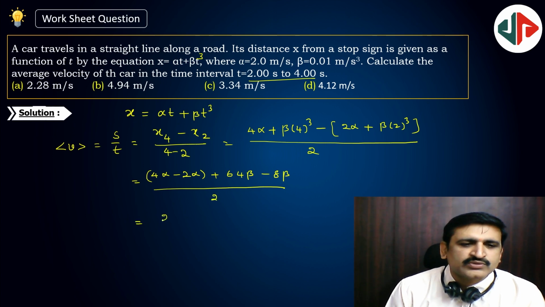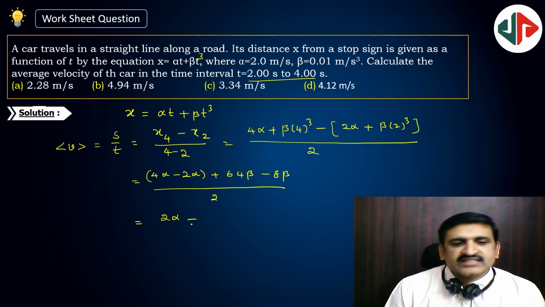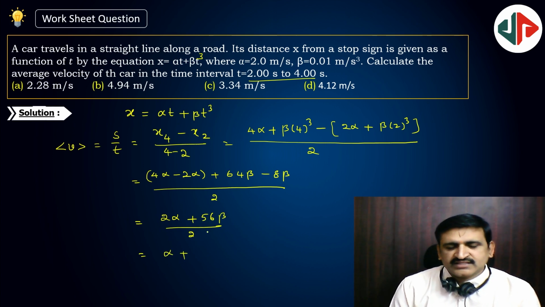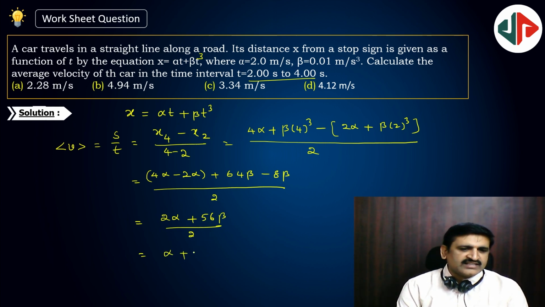So this is 2 alpha plus 56 beta by 2. That means 2 will go, alpha plus 28 beta.